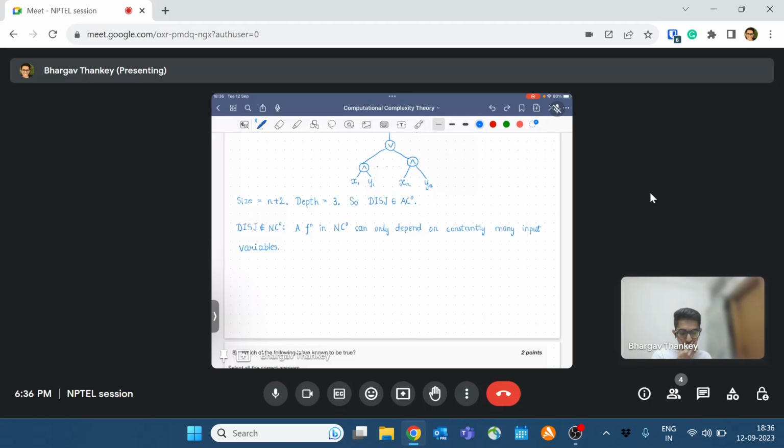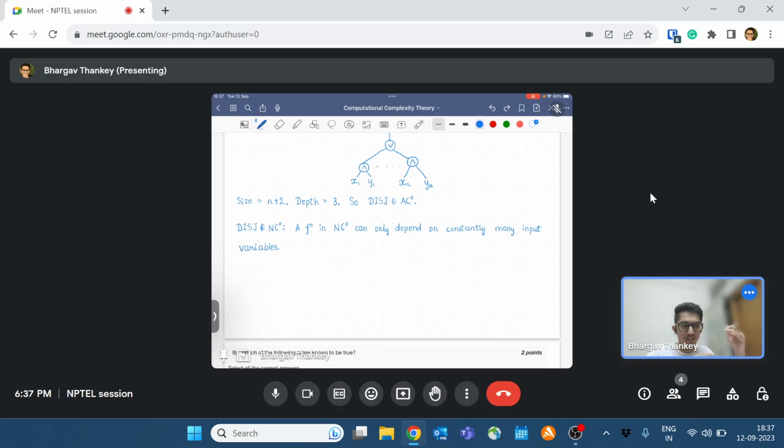Okay. So what does an NC0 circuit look like? An NC0 circuit has only gates of fan-in at most two, because a NOT gate has fan-in one, and it has constant depth, right? So how many inputs can this circuit take?